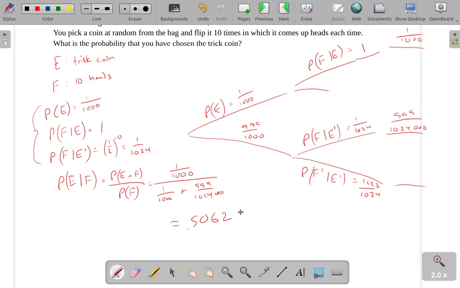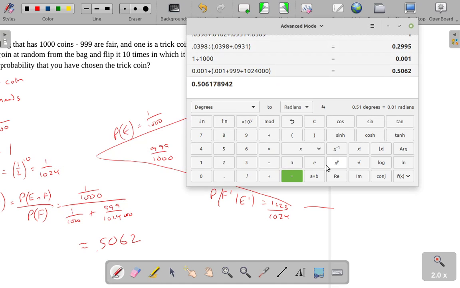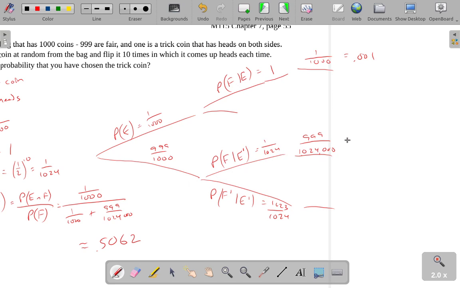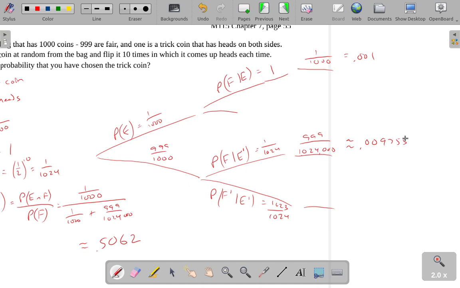So you may be wondering why in the world is that? Well, this one, like I said, is 0.001. This number right here, if I was to actually write that down as a decimal, 999 divided by 1,024,000 is 0.000975586.